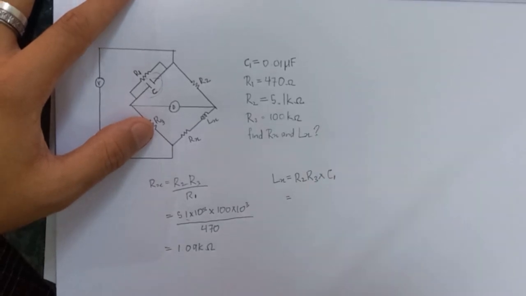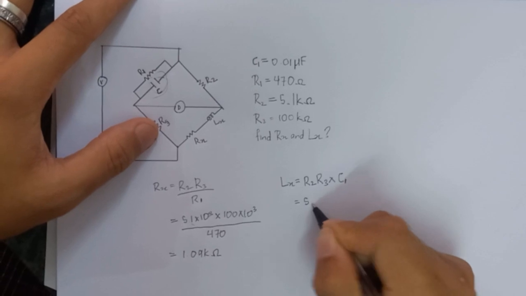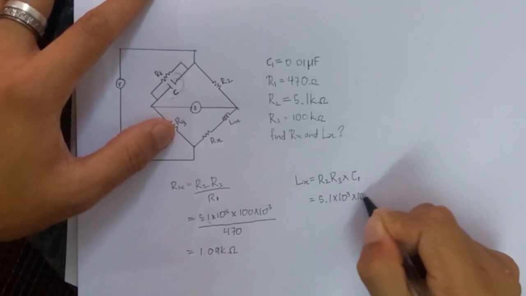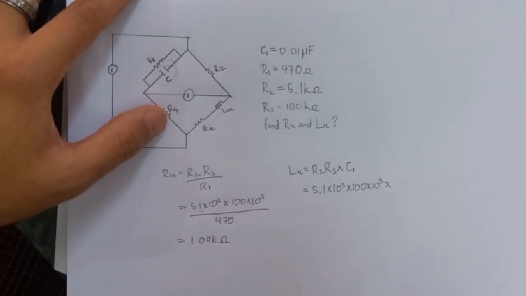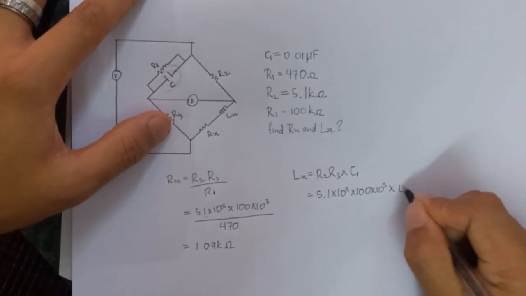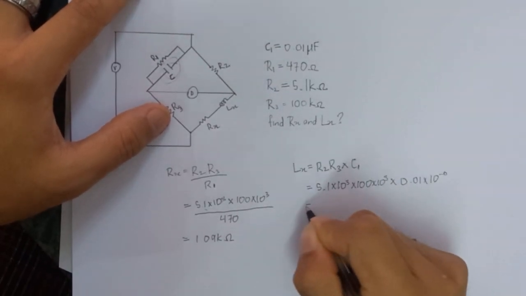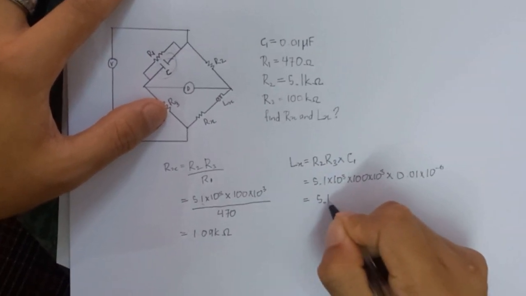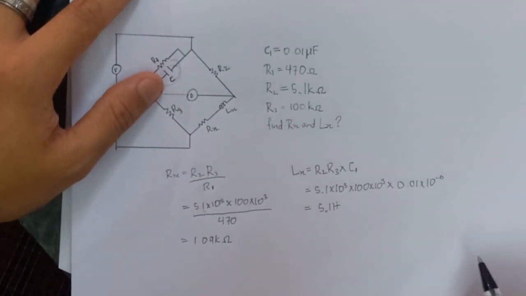The capacitor value is 0.01 microfarad, which we have to convert to farad. When you find this answer, we get approximately 5.1 Henry. This is the final solution for the unknown inductor.